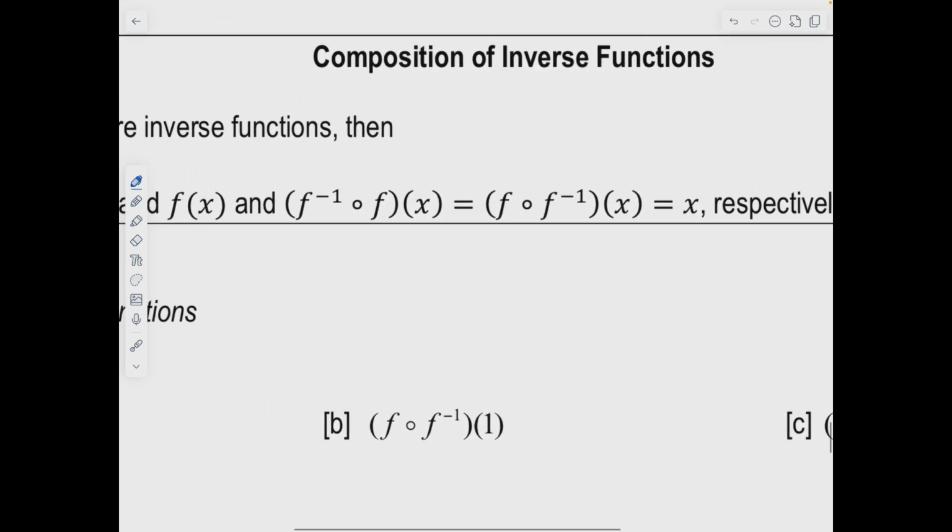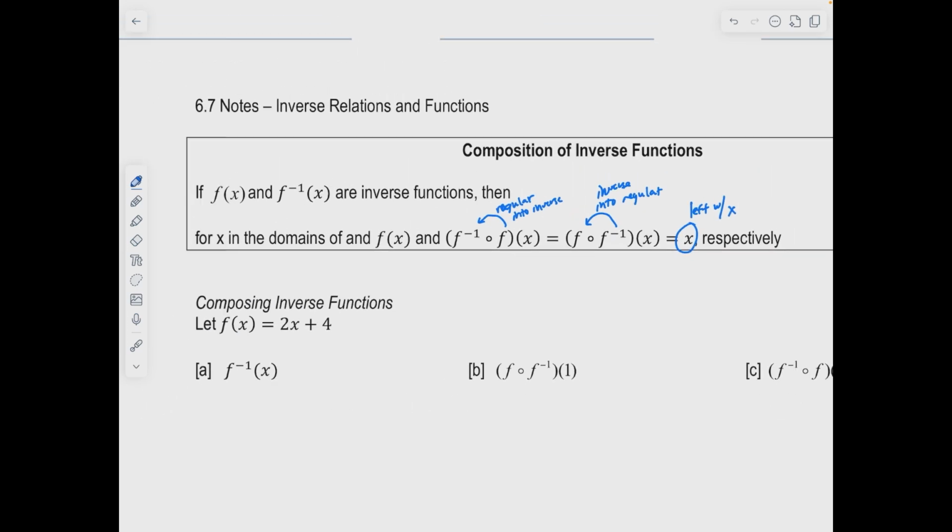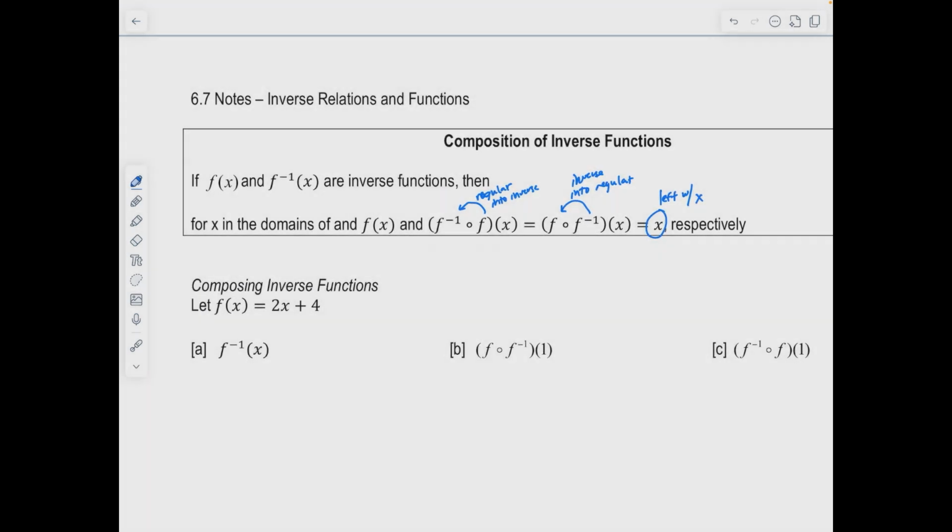What they're just trying to say is, if you put the inverse into the regular function, or if you put the regular into inverse, everything's going to cancel out, and the only thing remaining is you're going to be left with x. That's all that means.